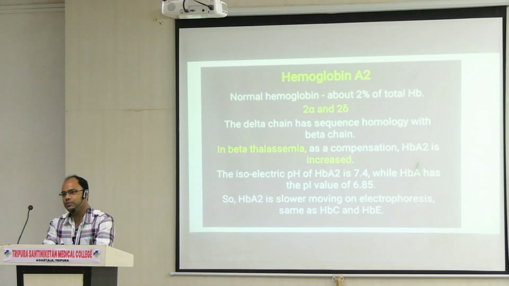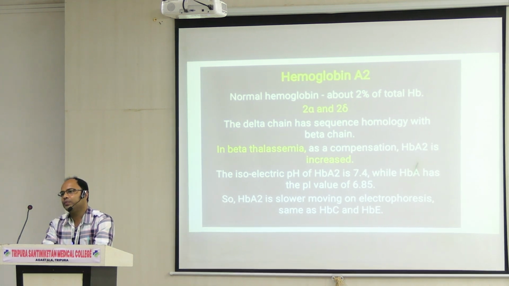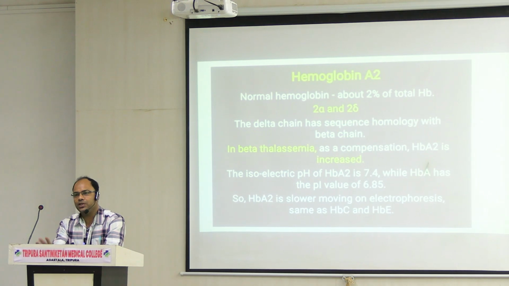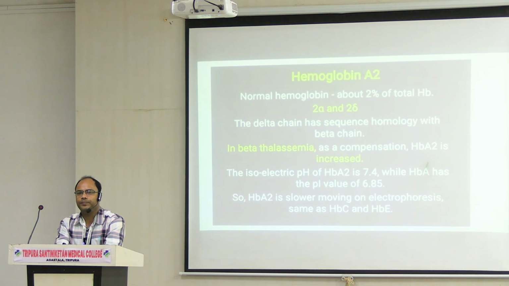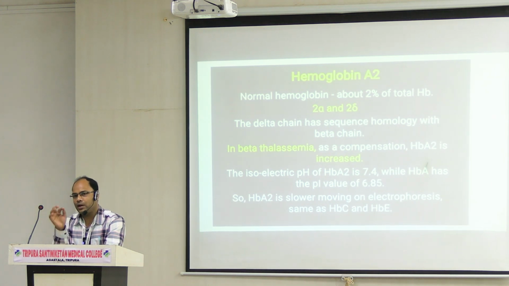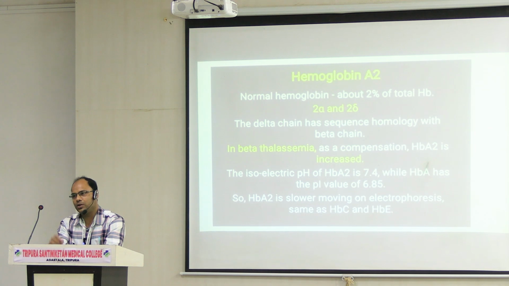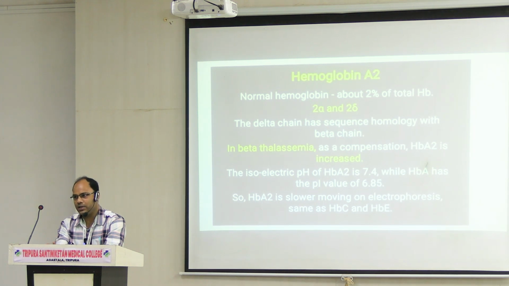Thalassemia, have you heard the term thalassemia? Thalassemia is a blood disorder. There, a deficiency of a chain gives the nomenclature. For example, if the beta chain is absent or deficient, this is called beta thalassemia. If the alpha chain is absent or deficient, this is called alpha thalassemia. In beta thalassemia, the beta chain is absent, so in compensation HbA2 level is increased.